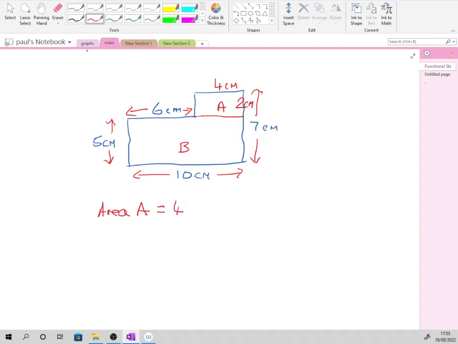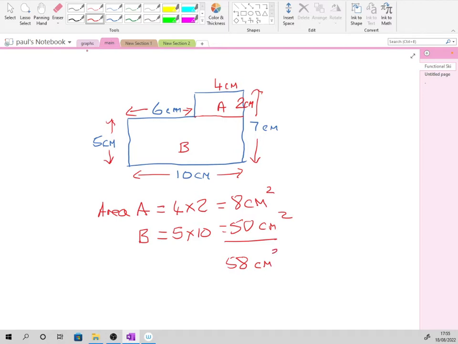So A is going to be 4 times 2, which is 8 centimeters squared, and B is going to be 5 times 10, which is 50 centimeters squared. Therefore, add the two together, and the total is 58 centimeters squared.